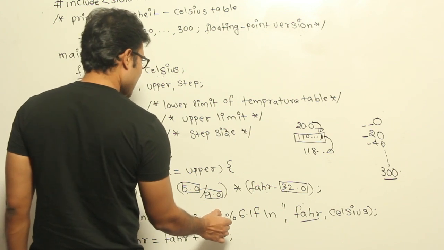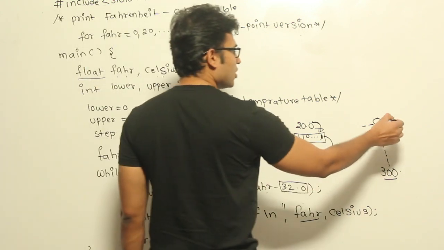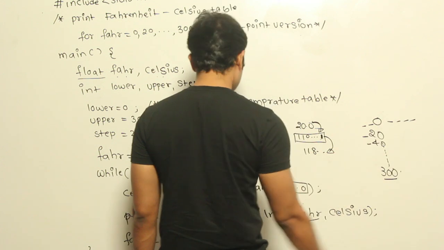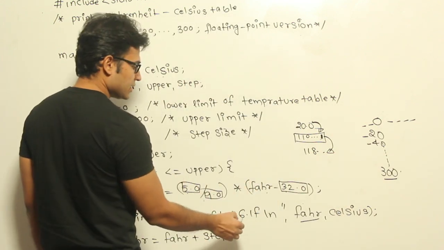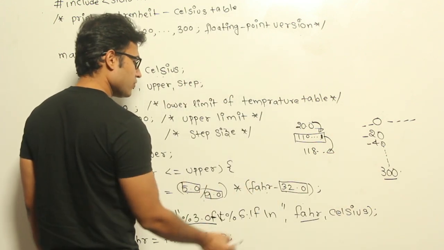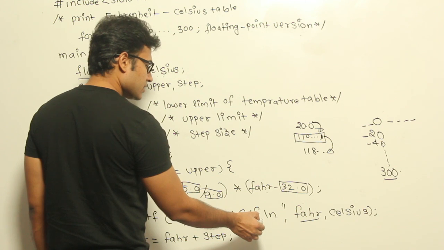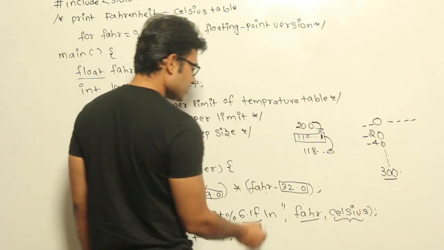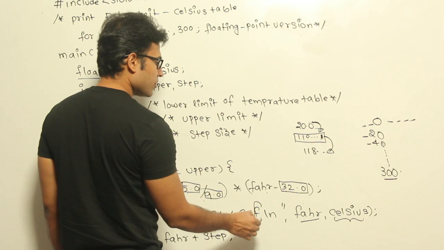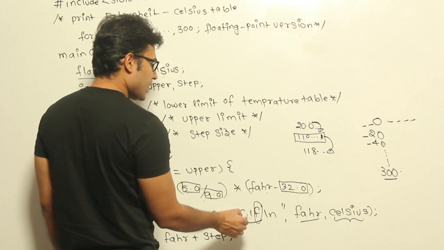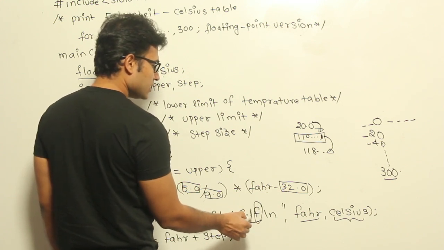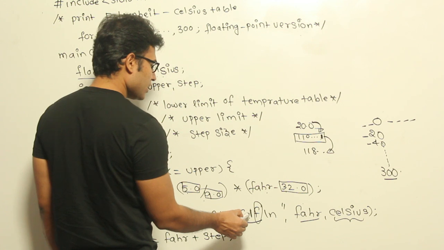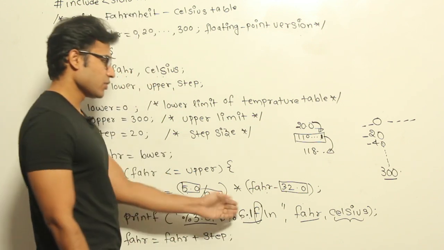You can put \t, then you are going to see 4 blank spaces here, right? And after that %6.1f, it means that whatever result you got which is present in this Celsius has to be displayed as a floating point number only, which will contain at least one digit after the floating point and then 6 digits before it, right?